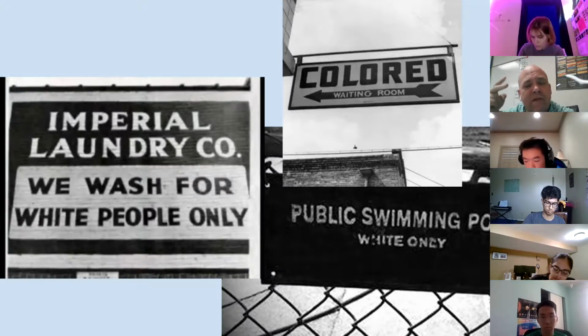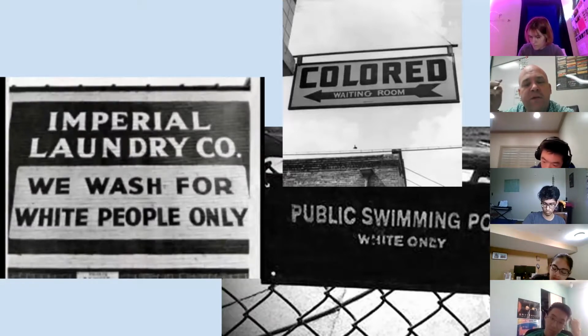It'll make it more difficult for them to accept change, and it will force them to become defensive. White people become really, really defensive over stuff they don't need to be defensive about.